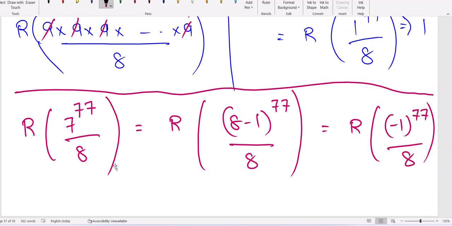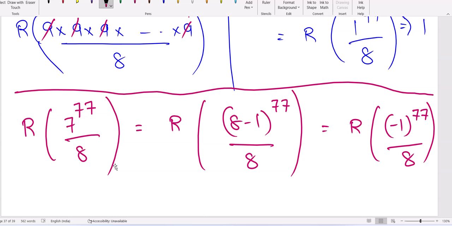Now let me know what is a minus b whole square formula. A minus b whole square formula is a square minus 2ab plus b square. If it is a minus b whole cube, except the last term minus b cube, remaining all is having a.